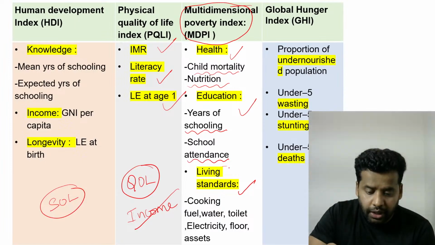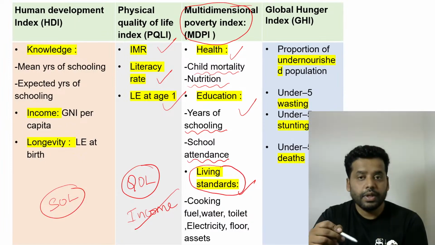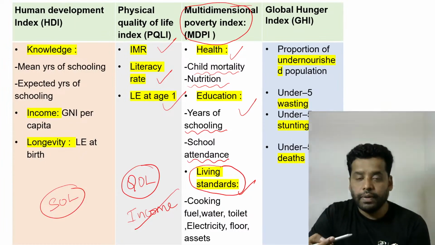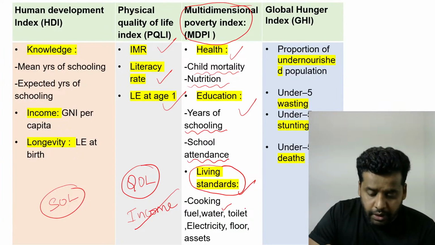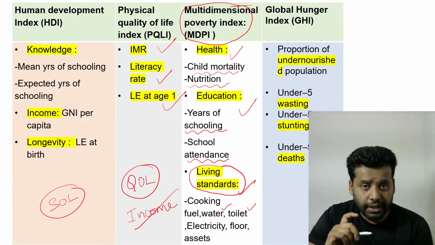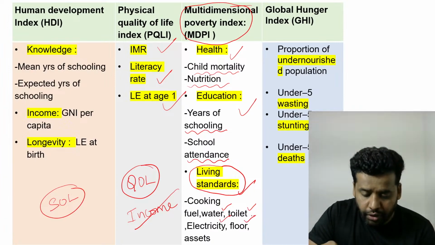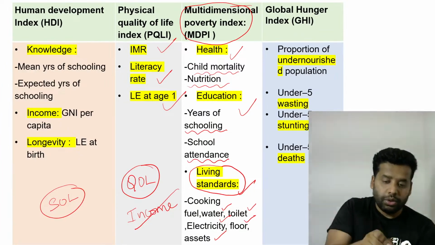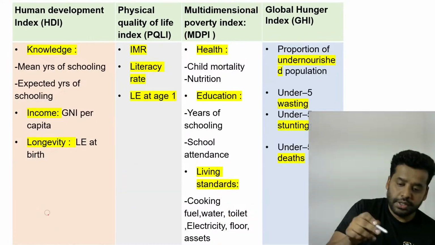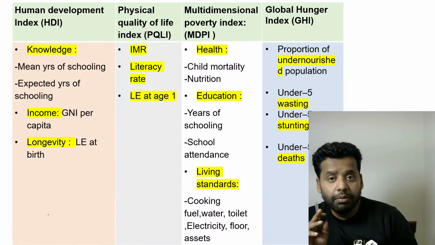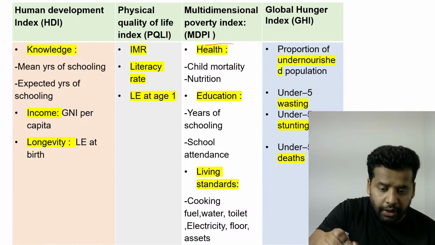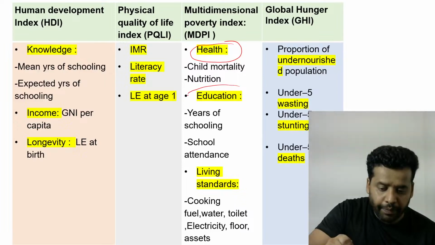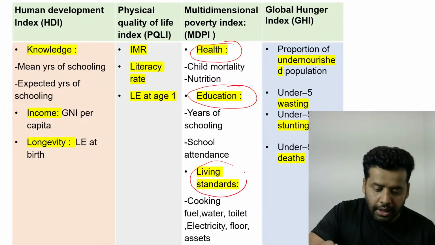What is included in living standards? Cooking fuel, what we are using. Water facility, yes or no in the house. Toilet, very important. Sanitation. Electricity, floor, assets. So total, how many dimensions? If they ask multi-dimensional poverty index, total how many dimensions? 3 dimensions: health, education, living standards.